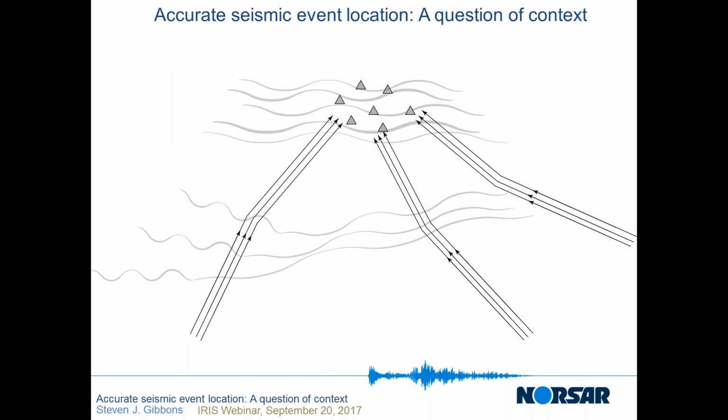So this is kind of the last slide in a sense. This is the image I'd like to leave with you of seismic wavefronts approaching an array, but could equally be leaving a set of seismic events which we want to locate.